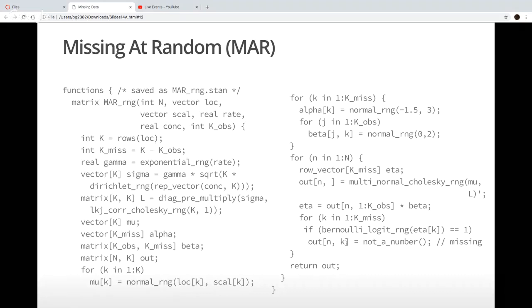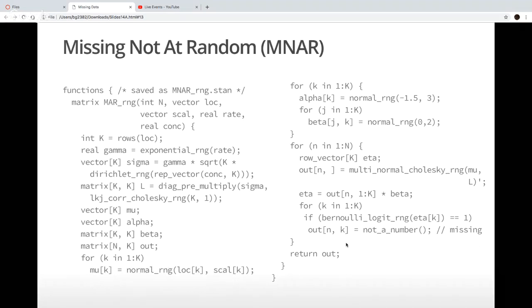Anyway, in both of those situations, the probability of being missing depends on the actual value of income. And that's inconsistent with the missing at random assumption.